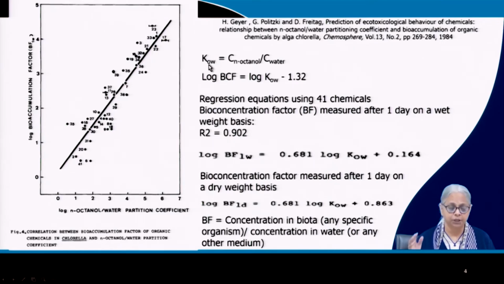KOW stands for the octanol-water partitioning coefficient. So you have C n-octanol divided by seawater. Now, C stands for concentration in octanol versus concentration in water. Now, if a compound is hydrophobic, it will prefer to be dissolved in octanol and not in water. If it's hydrophilic, the concentration in water will be higher than in octanol.